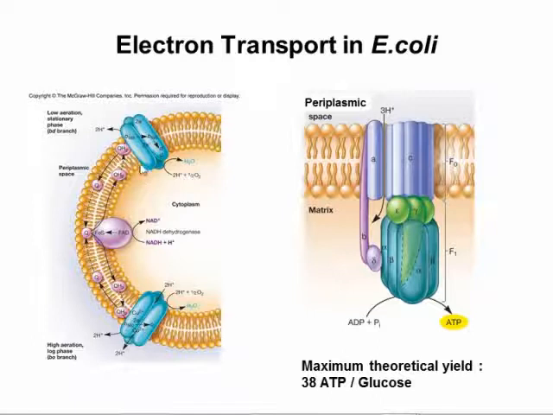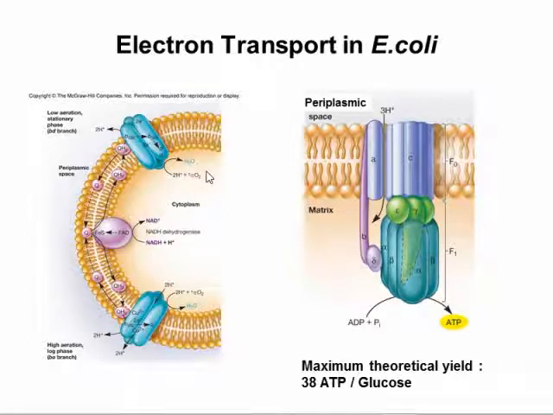Now the final step in this is transfer of the electrons through to different cytochromes, and finally cytochrome oxidase will transfer the electrons onto oxygen to generate water. So harmless waste product.